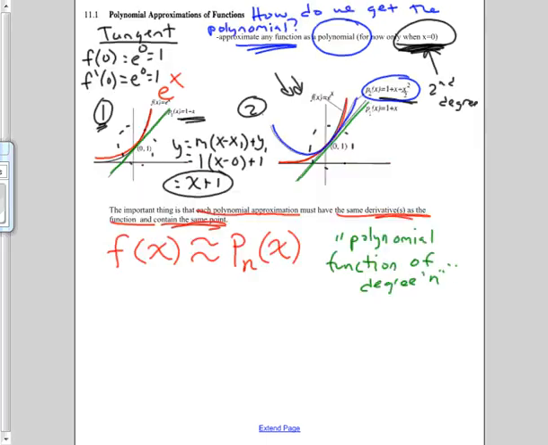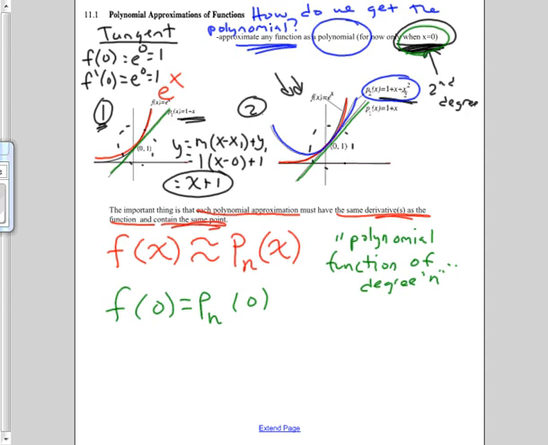And what it's saying is that the first thing is that our function must contain the same point. And since we're looking at when x equals 0, and for the next couple of problems, we're only looking when x equals 0, this is saying that f of 0 must equal P sub n of 0.